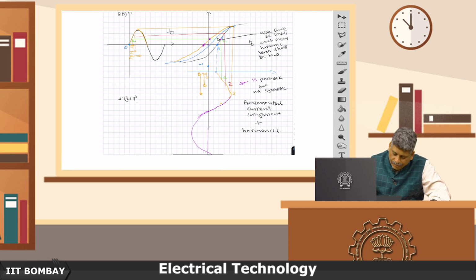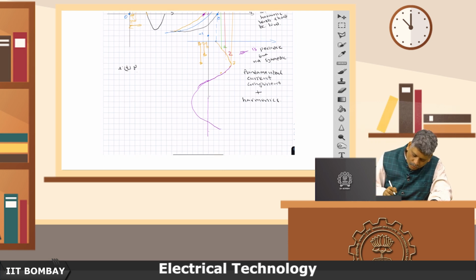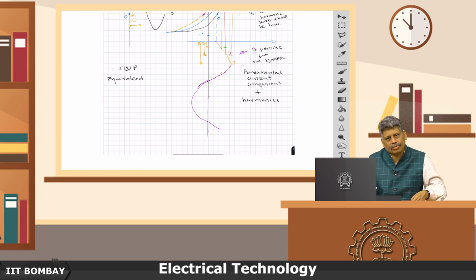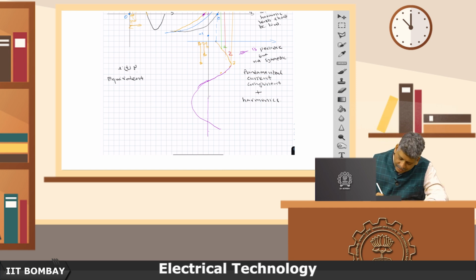So harmonic level should be low. Therefore, in the equivalent circuit that we are going to develop for this transformer today, we will ignore the harmonics only.